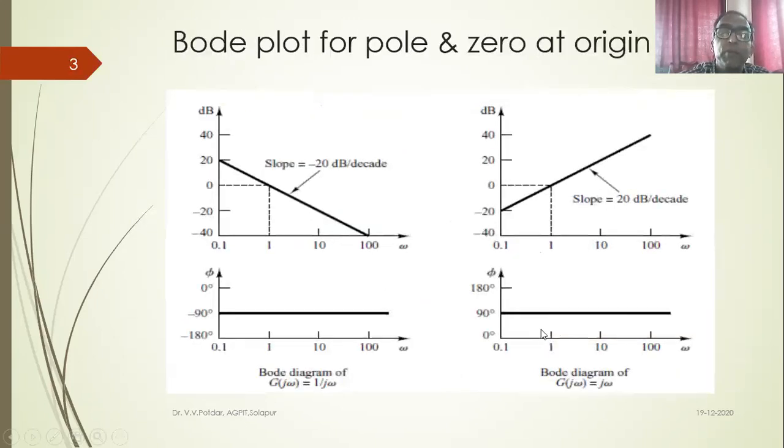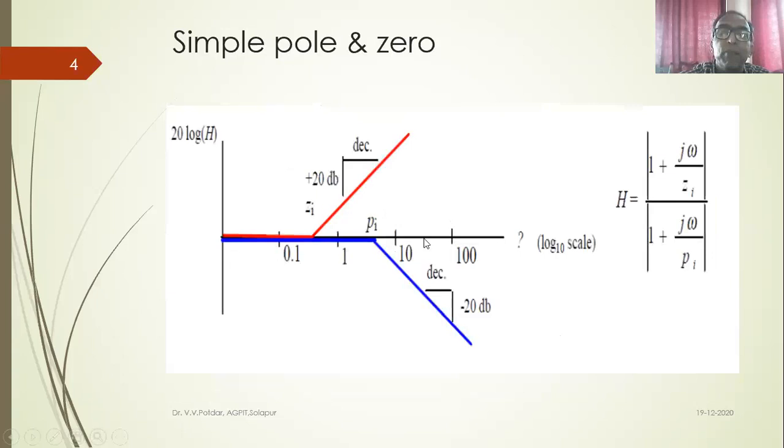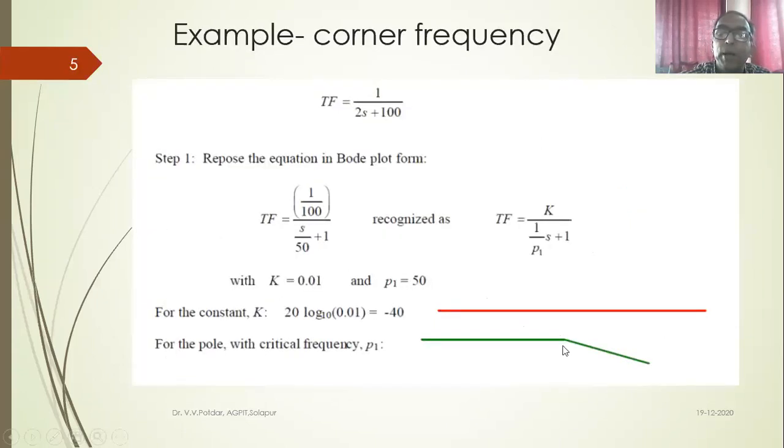So 10, 20, 30, 40, 50. At this corner frequency of 50, I'll start my line of minus 20 decibel per decade. That will be the Bode magnitude plot for the simple pole. Likewise, depending on the number of factors involved in my problem, I have to draw the Bode magnitude plot and the Bode phase angle plot. Okay, we'll move further.